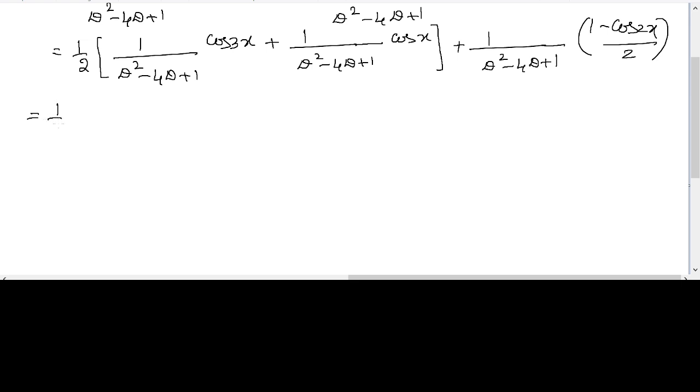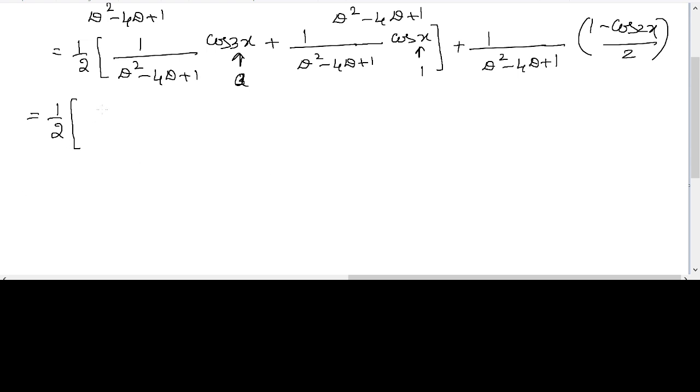We get 1 by 2 into, here we have to replace d square by minus a square, right? What is the value of a here? A is 3. Okay, a is 3 here, and here the value of a is 1. Okay, so by replacing d square by minus a square, we are going to get minus 9 here, right?